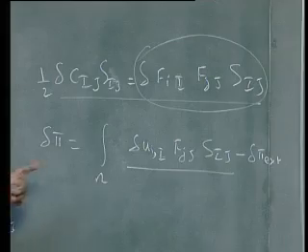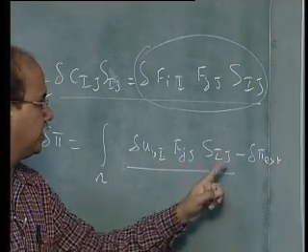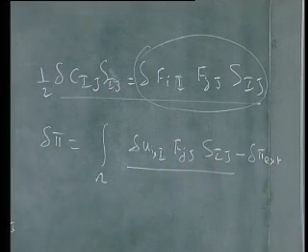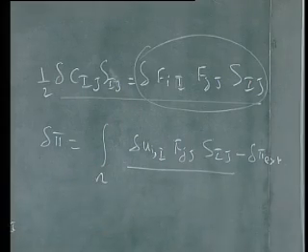So I have written this as delta ui comma I, F J J S I J, minus delta phi external terms.